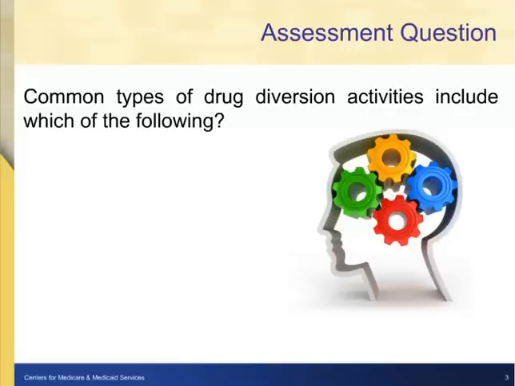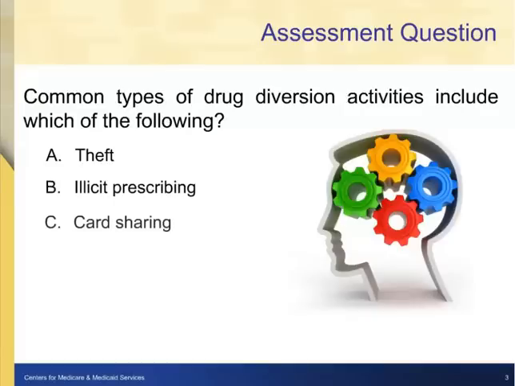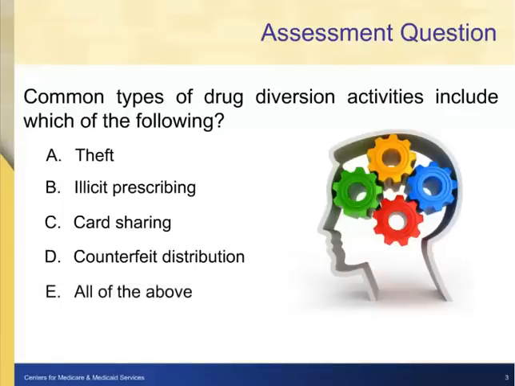There are several questions that you should be able to answer by the end of the presentation. The first question is, common types of drug diversion activities include which of the following? A. Theft. B. Illicit prescribing. C. Card sharing. D. Counterfeit distribution. Or E. All of the above.